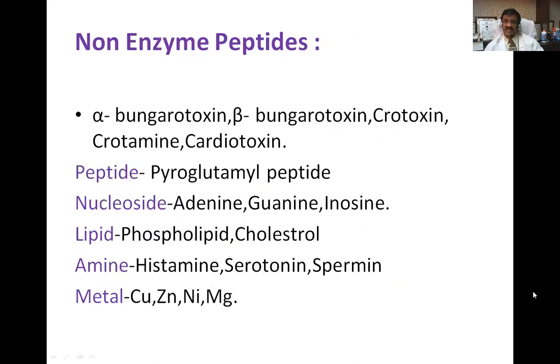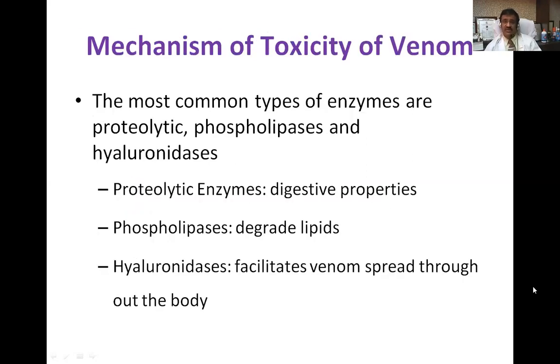Other than enzymes, there are some non-enzyme peptides which are present in the snake venom, like alpha bungarotoxin, beta bungarotoxin, crotoxin, crotamine, cardiotoxin, some peptides, some nucleosides, some lipids, some amines, metals such as copper, zinc, nickel, magnesium, and amongst amines there are histamine, serotonin, spermine. Just like they are present in human beings, the same things are present in snake venom also.